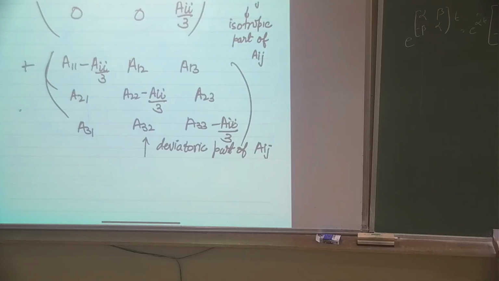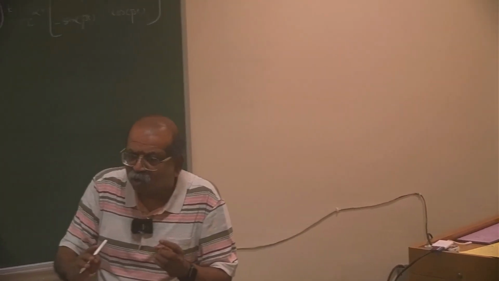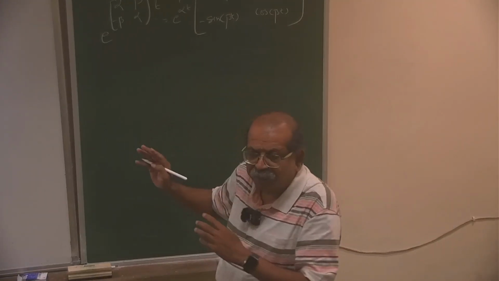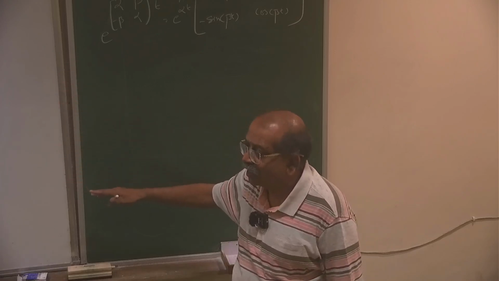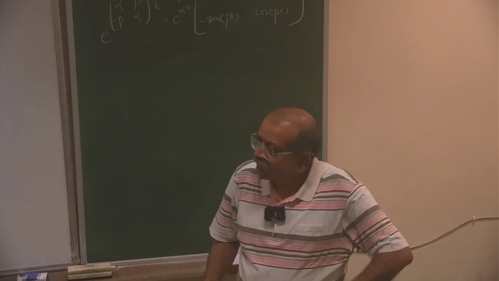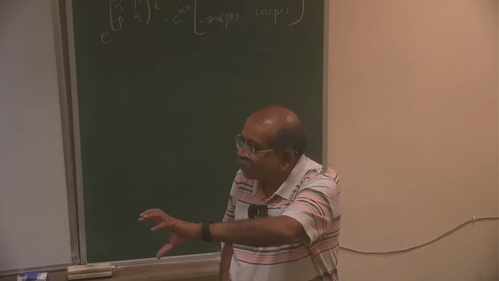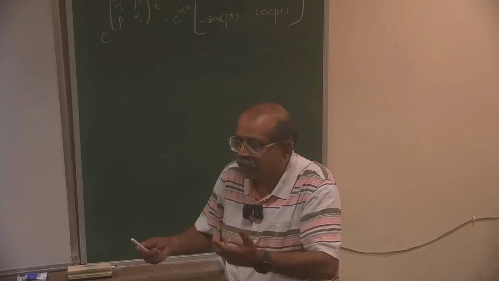So now any second order tensor you can break into two parts, an isotropic part and a deviatoric part. And the deviatoric part always has a 0 trace, because even when you rotate, the trace does not change. That is an elementary property.